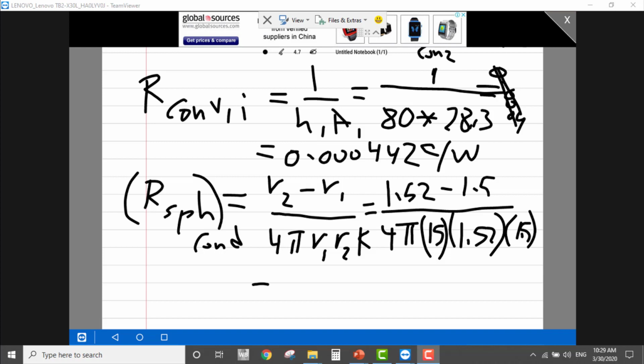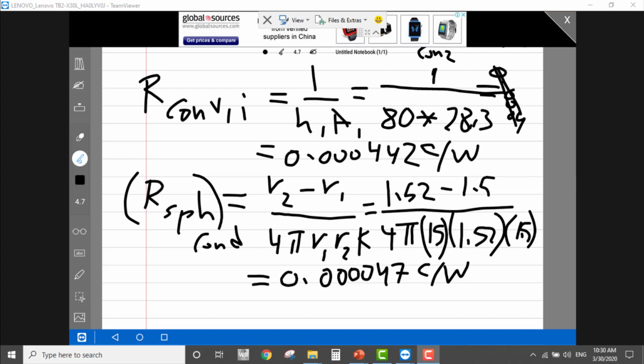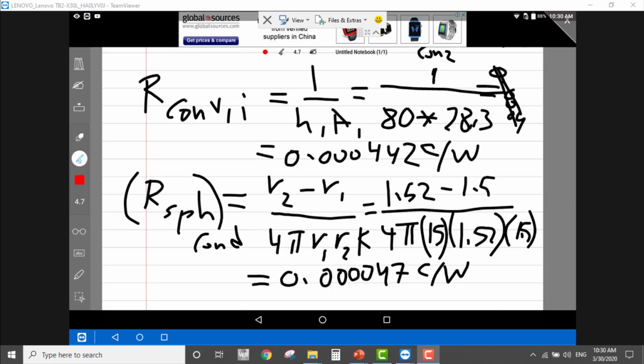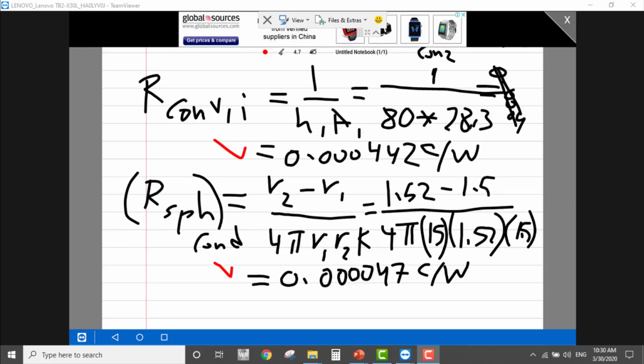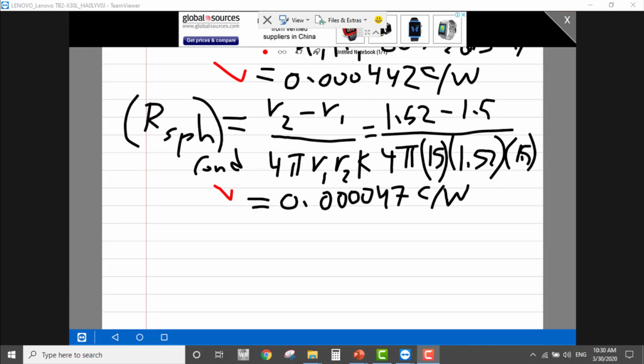And this is equal to 0.47 Celsius per watt. So if you want to say something about those values, the resistance is very low. That means it is conductive.